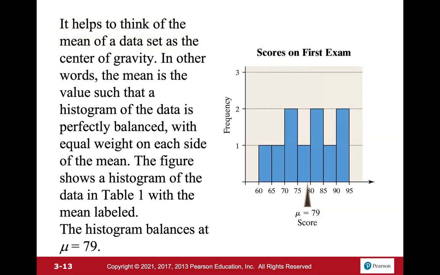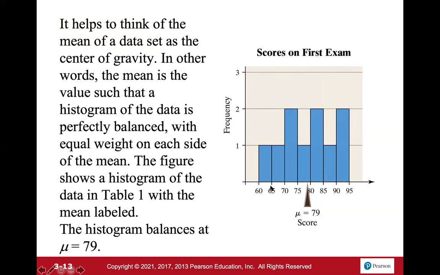All right, it helps to think of the mean of the data set as the center of gravity. In other words, it means that the value is such that the histogram of the data is perfectly balanced with equal weight on each side of the mean. So the figure shows this histogram of the data in table 1 with the mean labeled at the histogram. So here they used classes again.